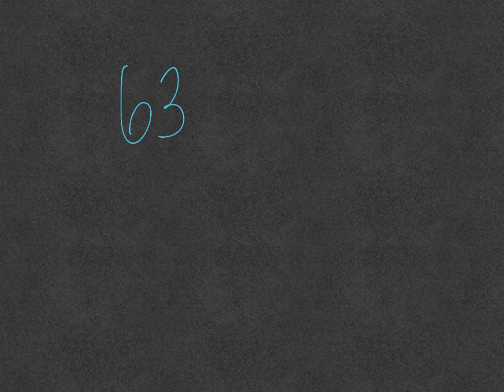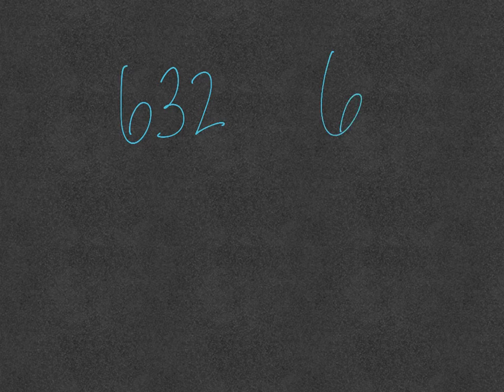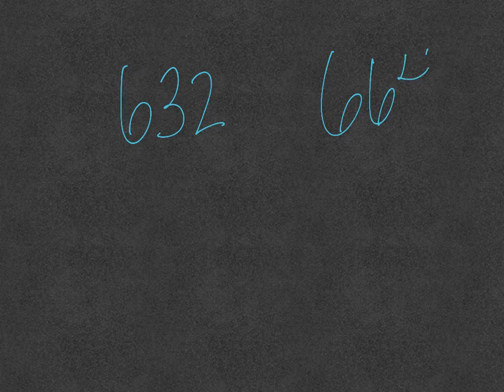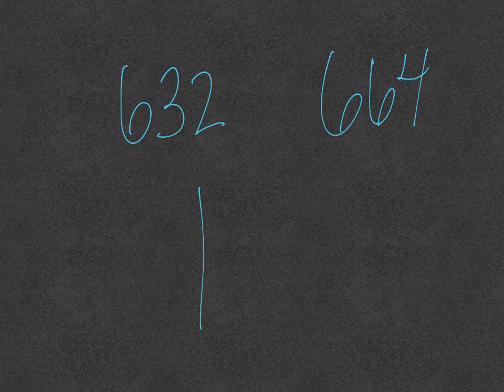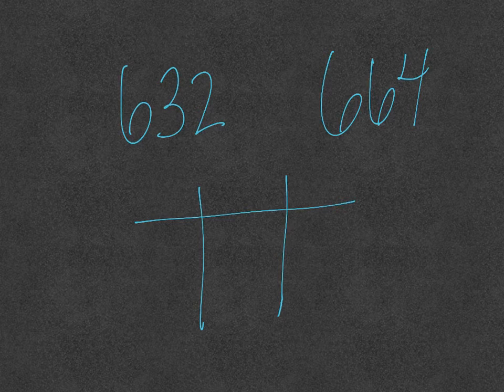Let's look at the number 632 and the number 664. Okay? So now we're going to compare these two numbers. Something that Miss Hayward likes to do a lot is draw a place value chart. It helps me arrange the numbers and make sense of them.